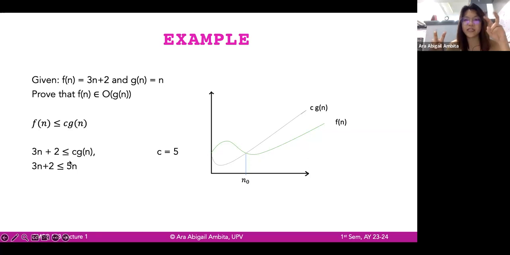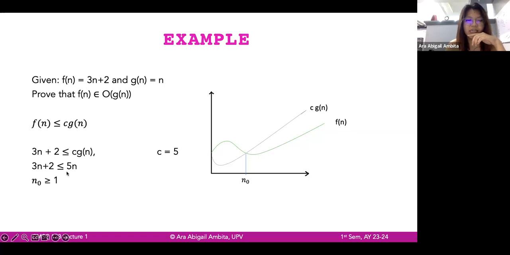One very easy way to do it is to add the coefficients here. For example, 3 plus 2 will give you 5n. Then if we replace the n with 1, this will be 3 times 1 plus 2, which is equal to 5. And on the right side, 5 times 1 will also be equal to 5. So that is 5 less than or equal to 5.